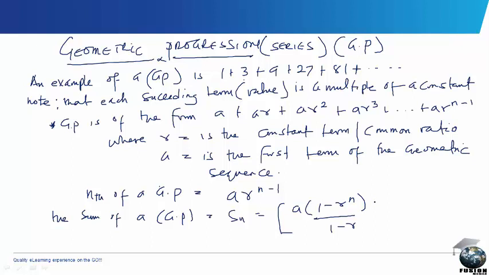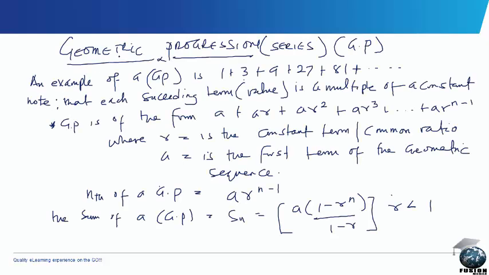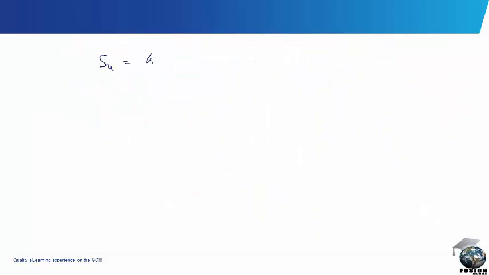This is used provided that r is less than 1. The second formula is Sn equals a times r to the power n minus 1, all over r minus 1.